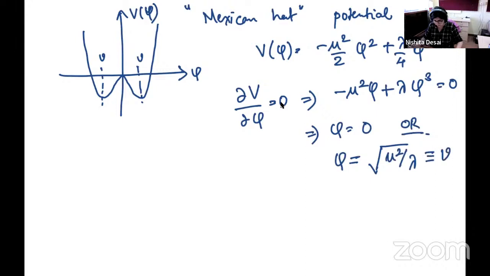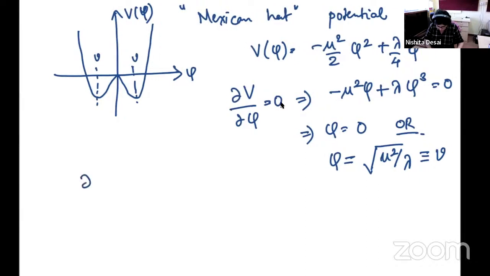And this is what you define by v. So it has three points where the first derivative is 0. It's easy to see where they are. Here you can draw a tangent and you see it's flat, so these are the two minima. And here also, if you draw a tangent, it's flat, so that's also an extremum.